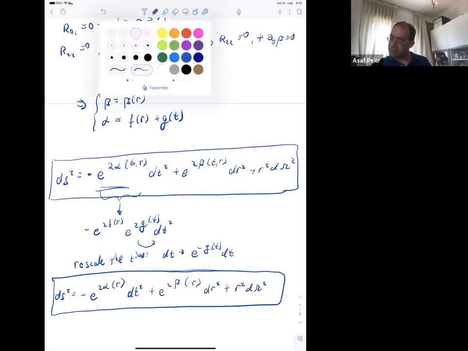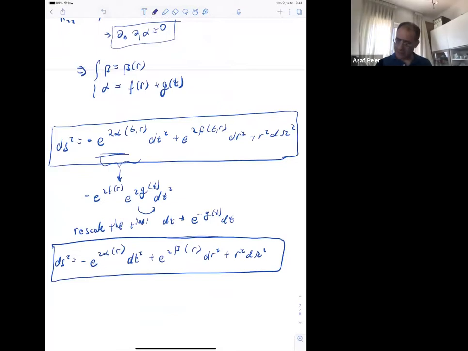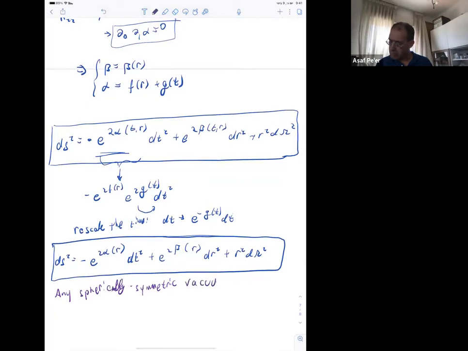So we just found out that any spherically symmetric vacuum metric possesses a time-like killing vector.